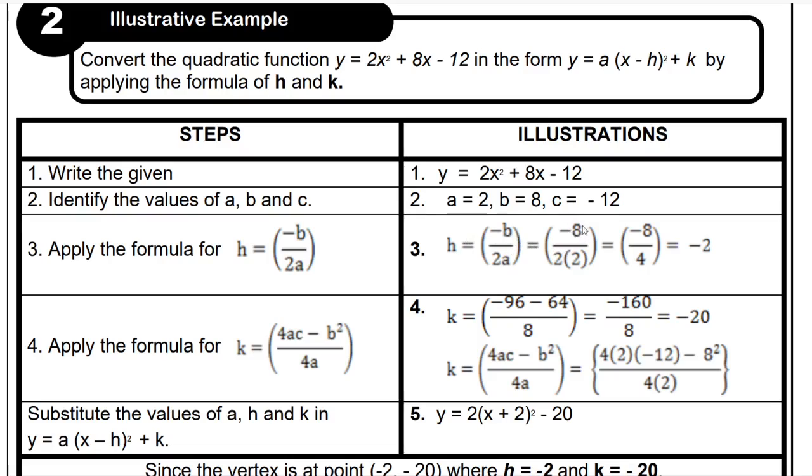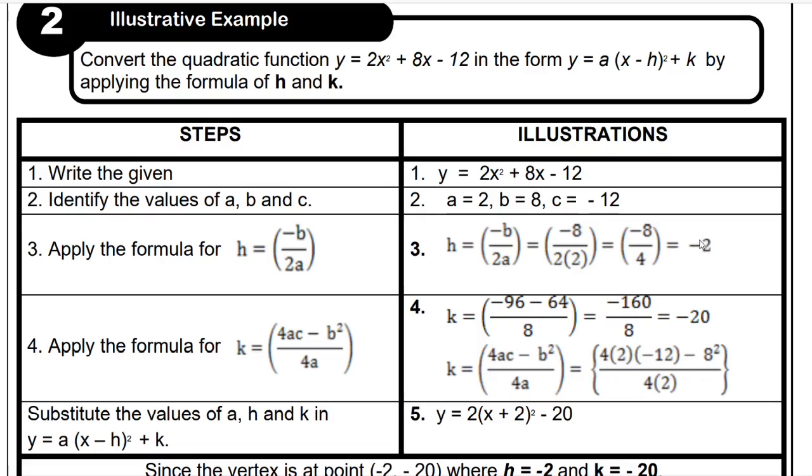Replacing the value of b, which is 8, but you have a negative in the formula, so please do not forget the negative sign. Then divide by 2 times your a, which is 2 also. So we have here negative 8 over 4 or negative 2.